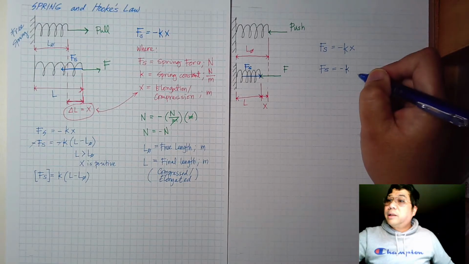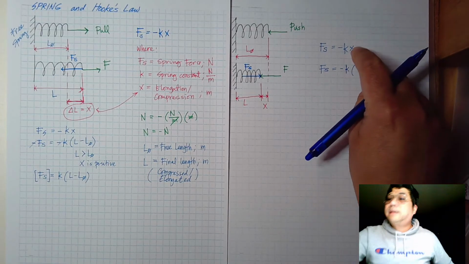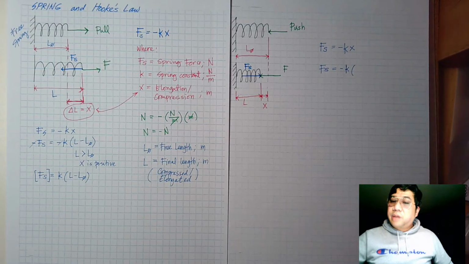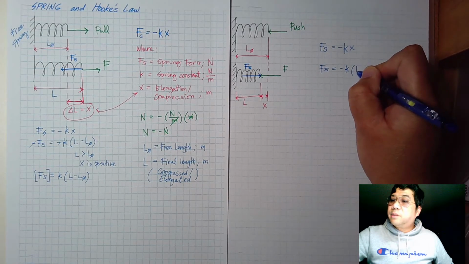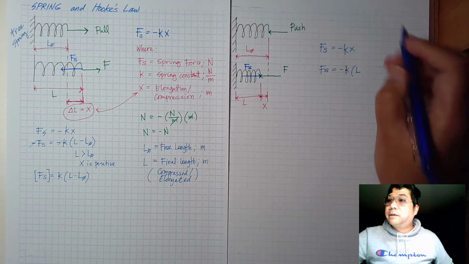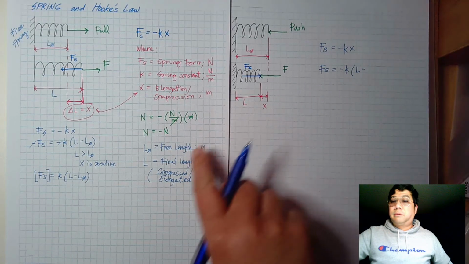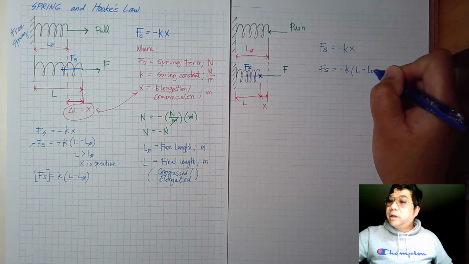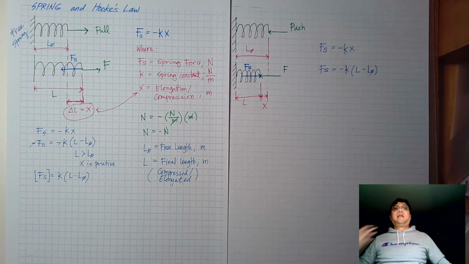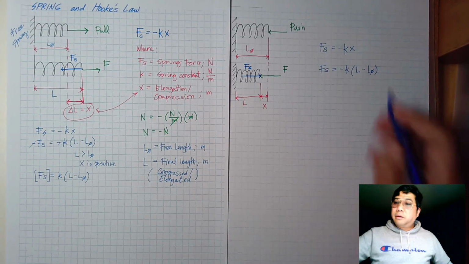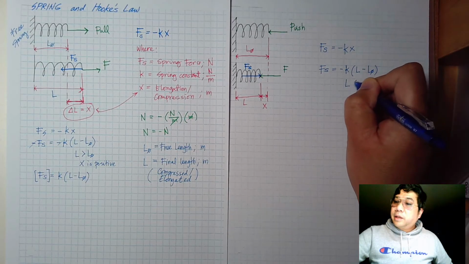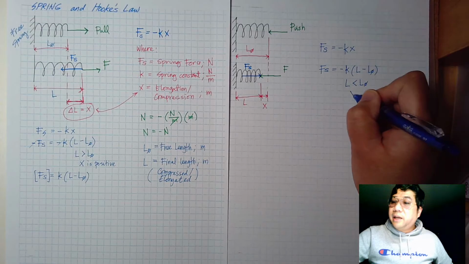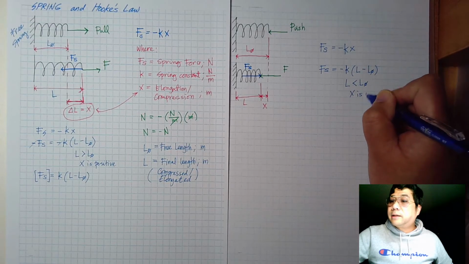Now, let's try to figure out our X. X, which is our change in length, is simply our final length minus the initial length, L sub naught. But in our case right here, L sub naught is greater than L. So therefore, we can say that X is negative.